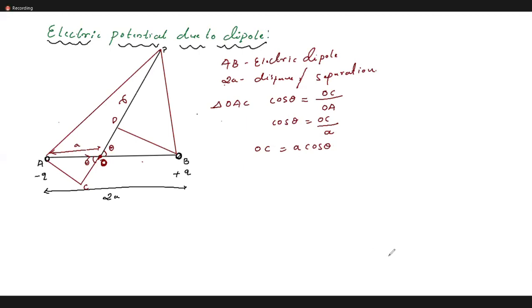Suprit is there. Very good. Next, from triangle ODB, can you tell me cos theta, dear? Theta is here. This is the opposite one, and tell me the base and hypotenuse here.